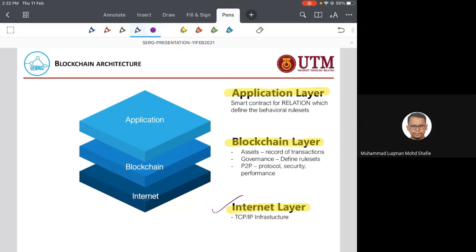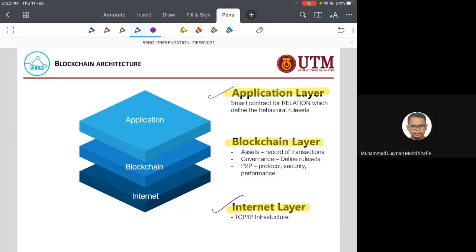Actually, the internet layer is the infrastructure layer, so it is most suitable for the field of network. What we are interested in is the application layer and the blockchain layer.